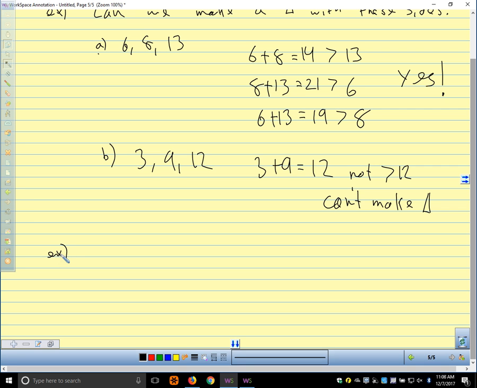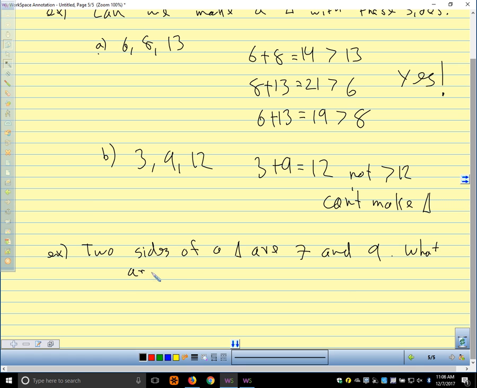Well, let's look at one other kind of problem, because a lot of times we want a variable in there. We don't know the exact length, which we're trying to figure out. So we make a connection with algebra. In that case, you might be given two sides of a triangle. Two sides are 7 and 9.